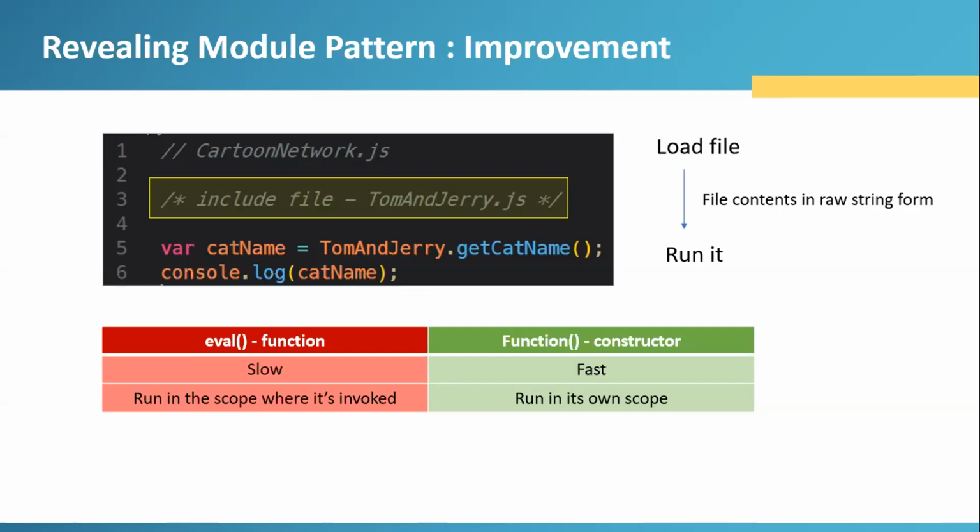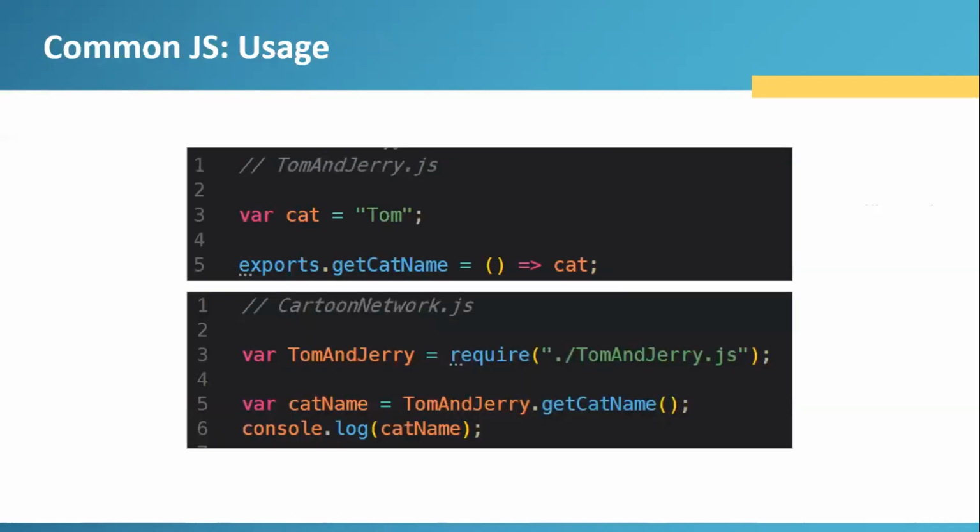And all these logics went into the psychology of making the CommonJS module. So let's see how CommonJS tackles all these problems. So I'll go to CommonJS. Yes. So in the CommonJS system also, I've used the same Tom and Jerry theme of printing the cat name using the two files tomandjerry.js and cartoonnetwork.js.